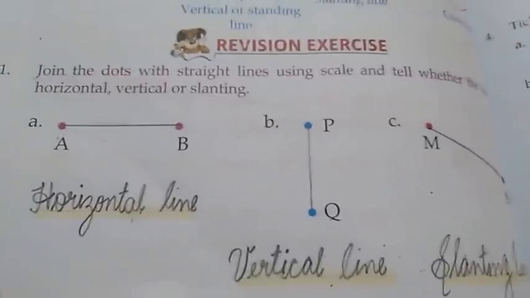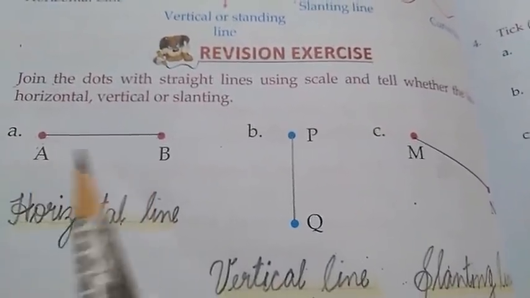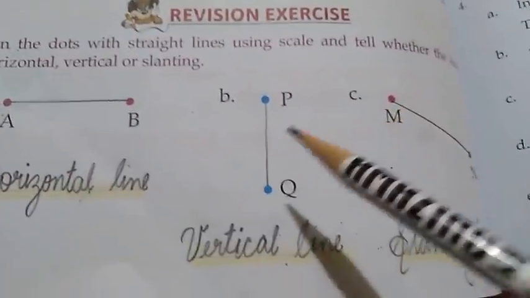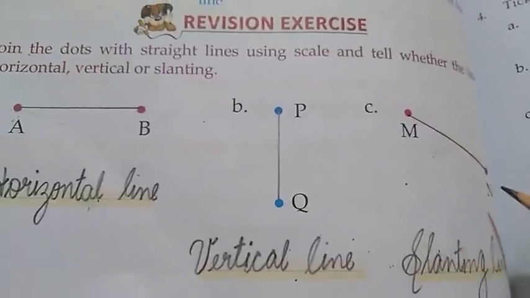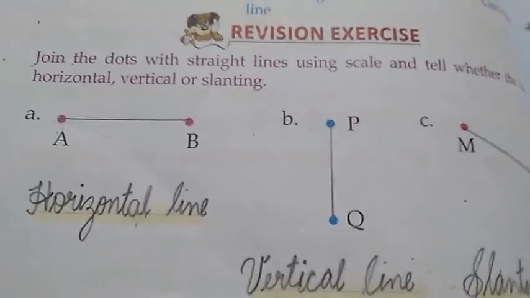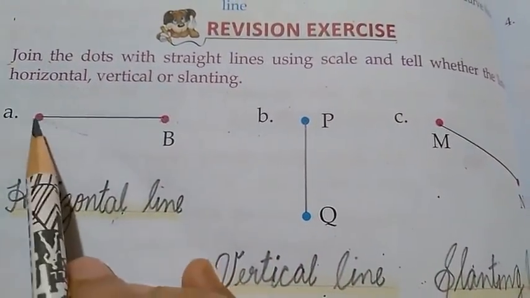In a previous video also I showed you how a horizontal line looks, how a vertical line looks, and how a slanting line looks. Here you can see a horizontal line is a sleeping line.